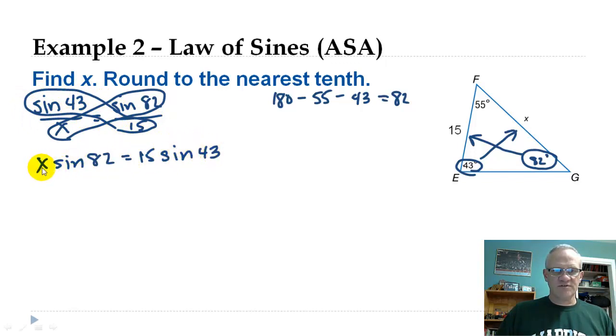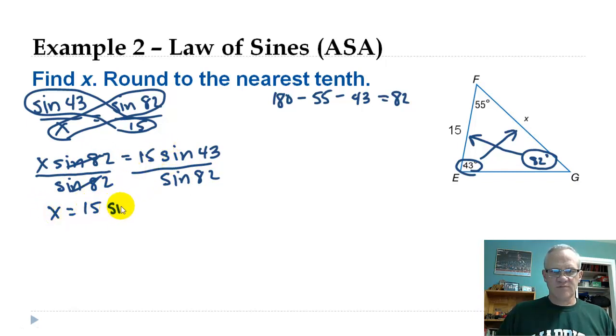Since we want to find out what x is, let's divide by the sine of 82. Cancel and cancel. So in this case, x is going to equal 15 times the sine of 43 all over the sine of 82.